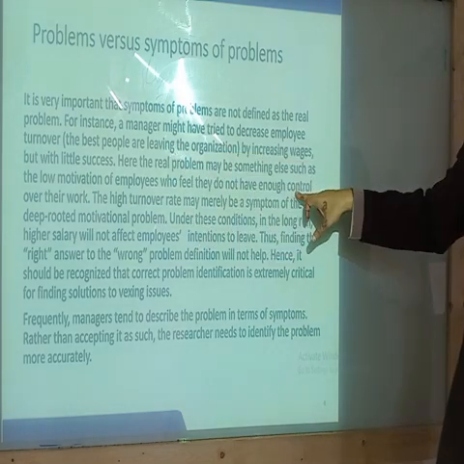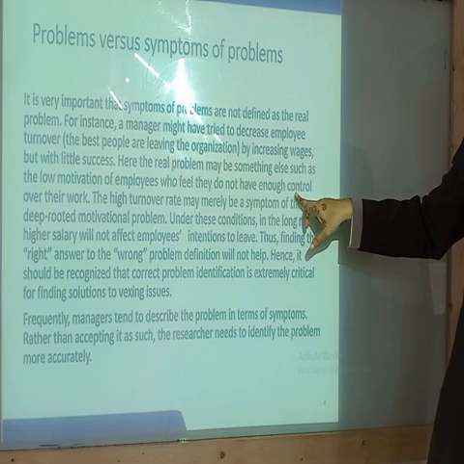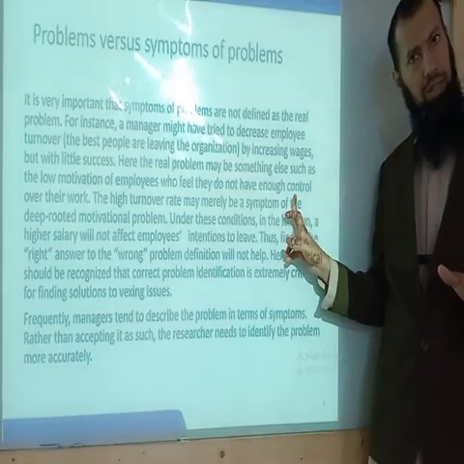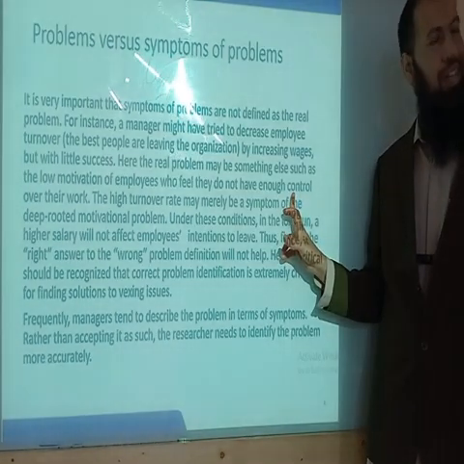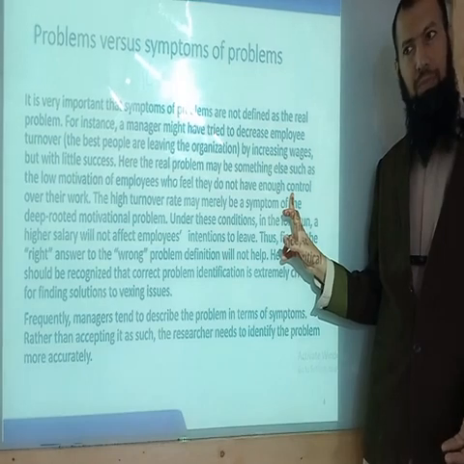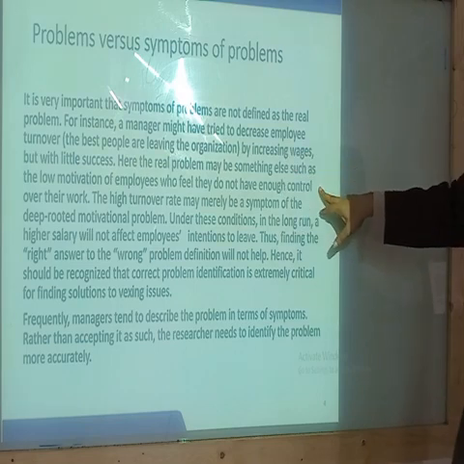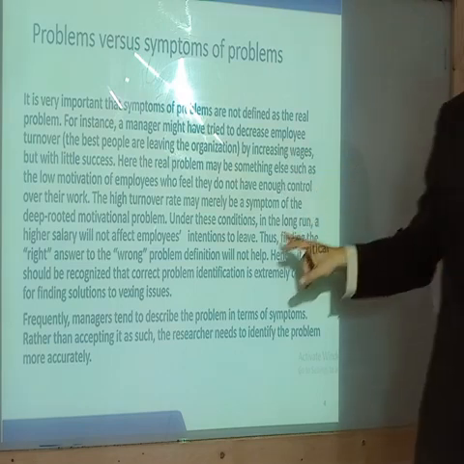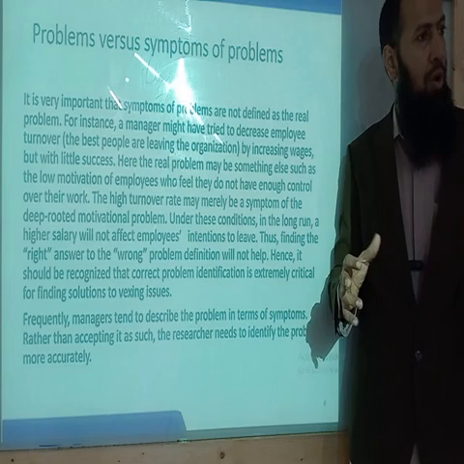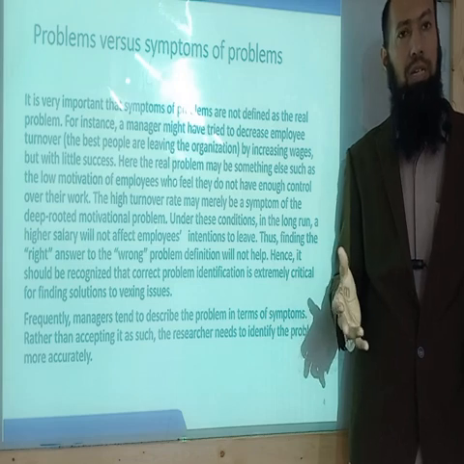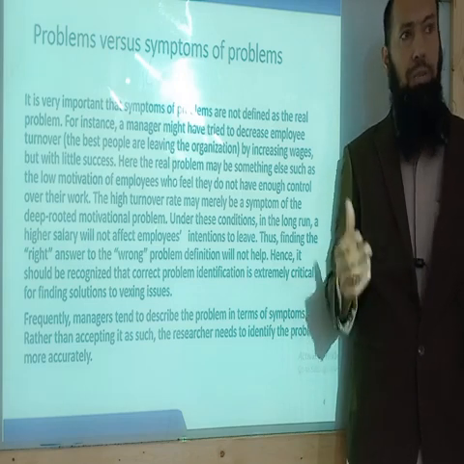And if we invest in the motivation, would our investment be correct? No. Again, that is a symptom of the problem. We need to identify why the employees of your organization are not motivated. You need to identify the rationale behind it, the reason behind it.